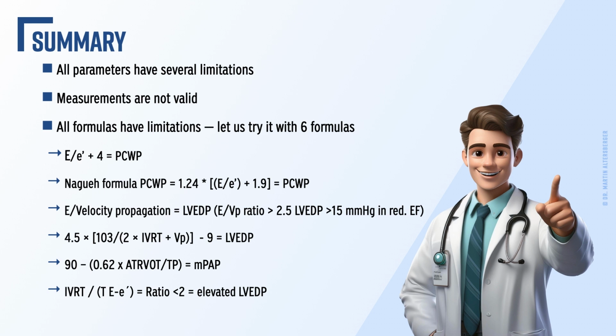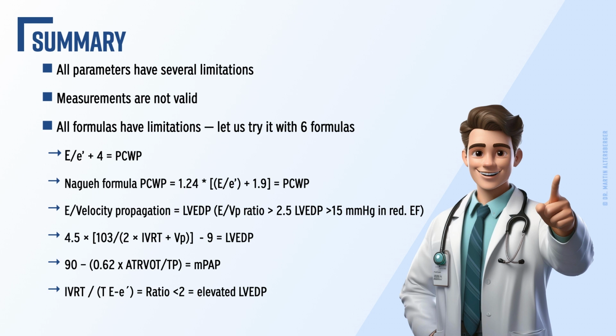Another formula, now it's getting a bit more complicated, is 4.5 times 103 divided by 2 times the IVRT plus the velocity propagation minus 9. That also can be used to calculate left ventricular end-diastolic pressures. Another formula, 90 minus 0.62 times the acceleration time of the RVOT, or the acceleration time of the pulmonic valve, so pulmonary acceleration time, is the mean pulmonary arterial pressure.